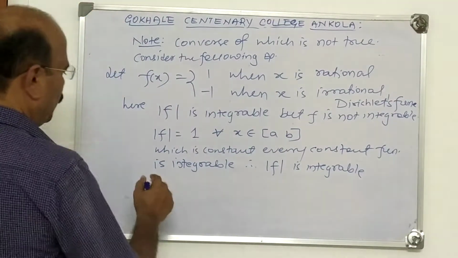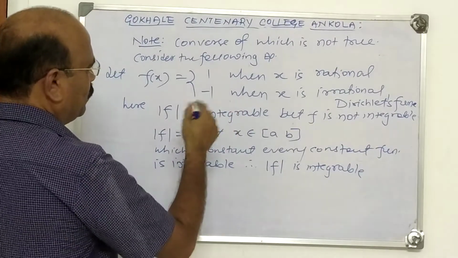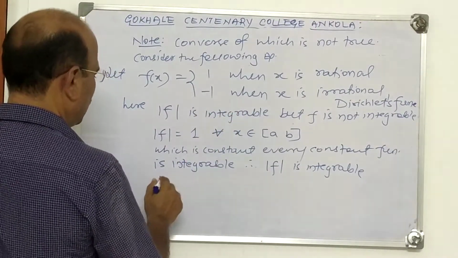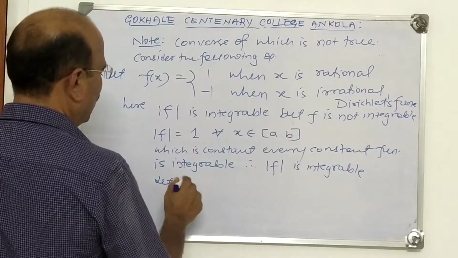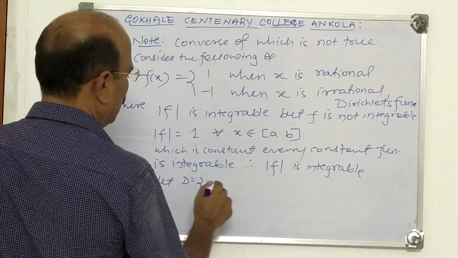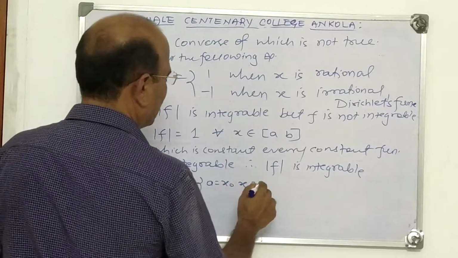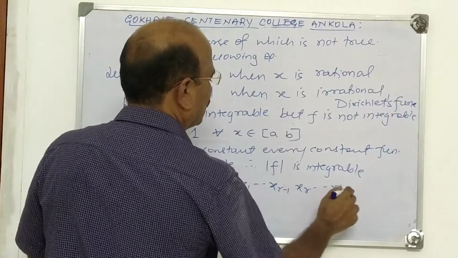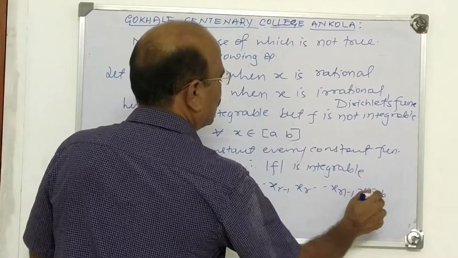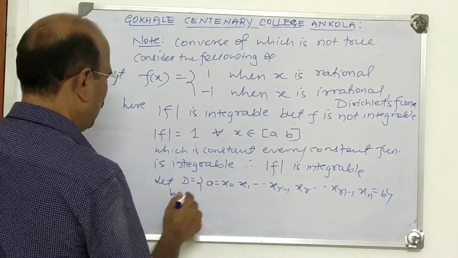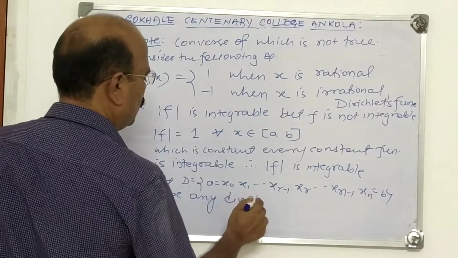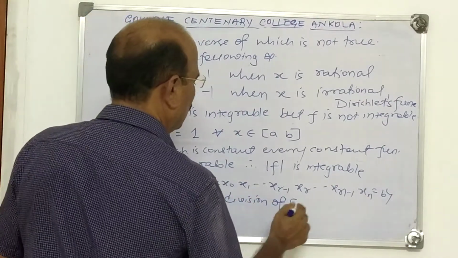For that, we consider upper and lower integrals. Let D equal x0, x1, and so on, xr minus 1, xr, up to xn minus 1, xn, which is equal to b, be any division of AB.